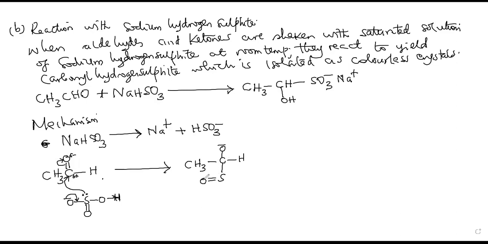So we have a double bond, then another double bond, then the O, then the H. There comes hydrogen shift. I have to put double arrows, and we talk about hydrogen shift.